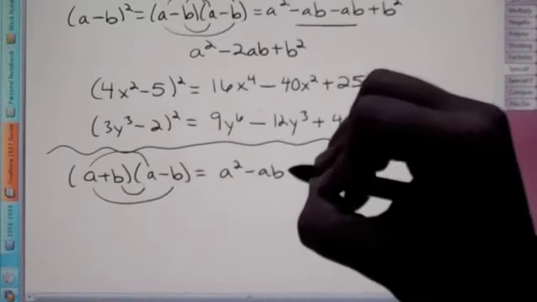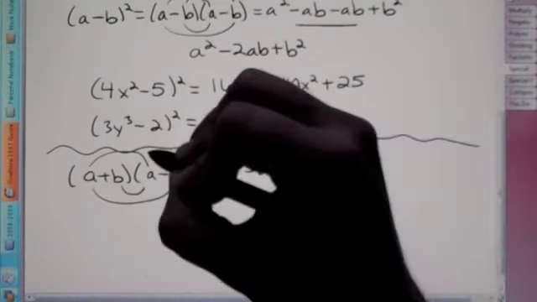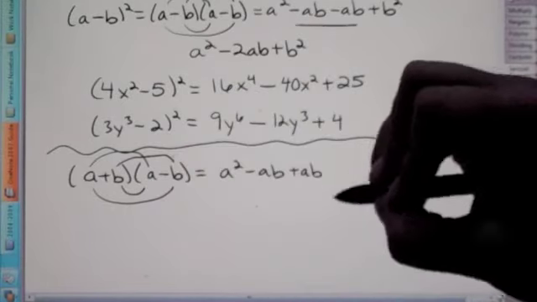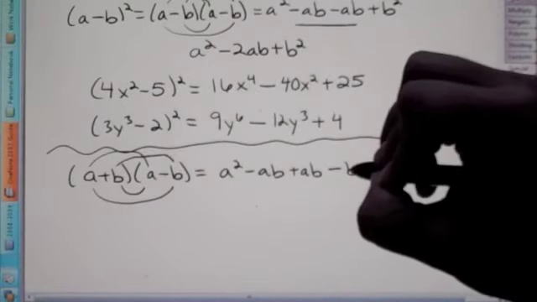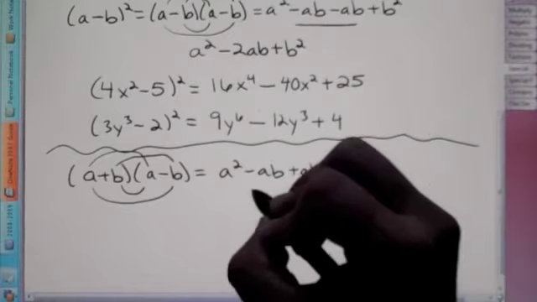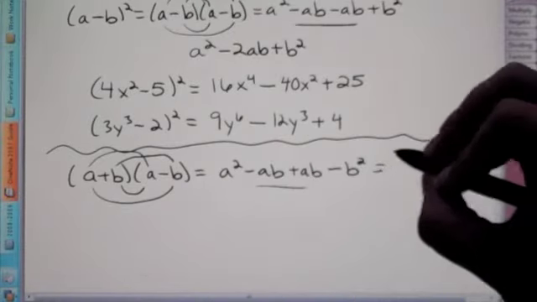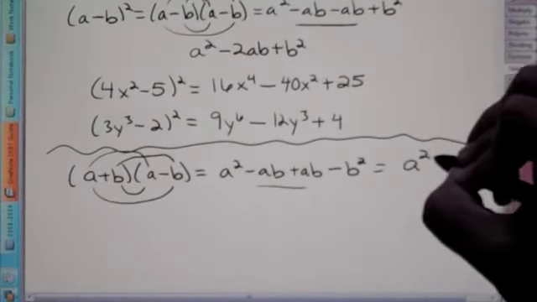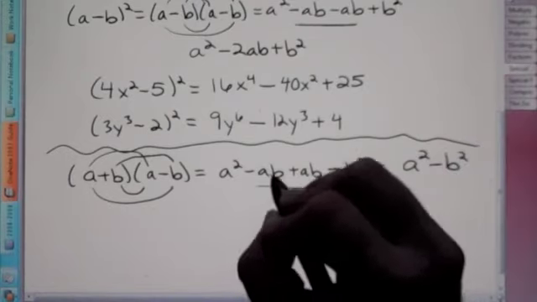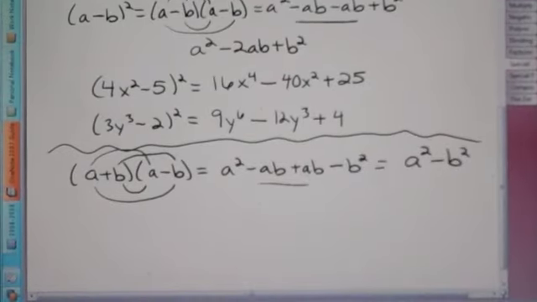Inner, b times a is positive ab. And last, you get b times negative b, which is a negative b squared. And so when I combine these two middle terms, all I'm left with is a squared minus b squared, because these two terms actually cancel each other out. So these answers are actually going to be the shortest answers.